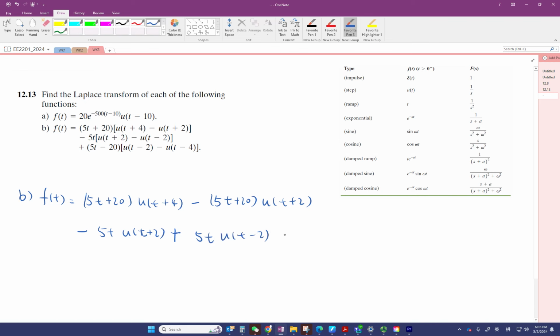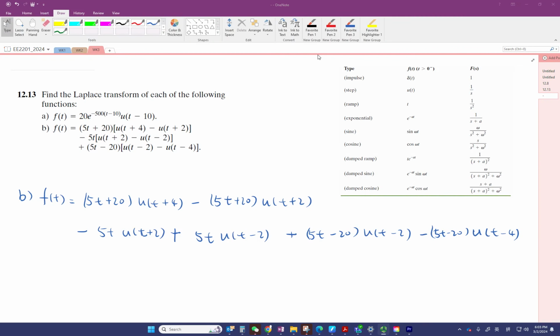Okay, and the last term, we can keep right here. So the last term, (5t minus 20) multiplied with u(t minus 2) minus (5t minus 20) multiplied with u(t minus 4). Okay.